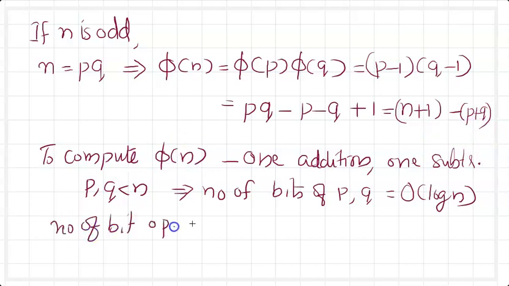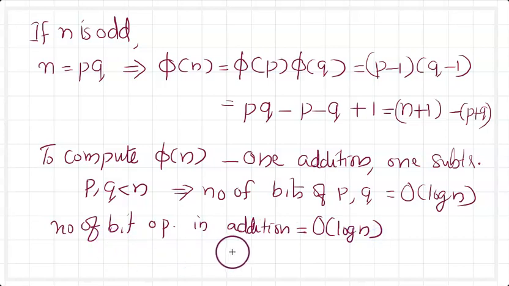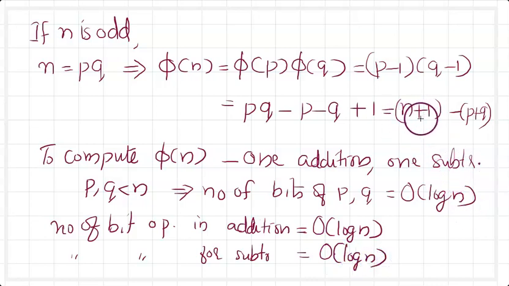For subtraction, the number of bit operations will again be big O of log n, since the numbers involved in the subtraction are n plus 1 and the sum p plus q, and so the number of bit operations required will be the maximum of the number of bits of the integers involved, which will be big O of log n as well.